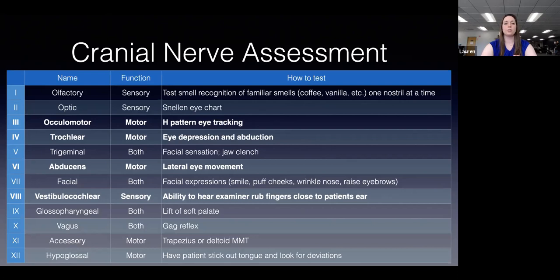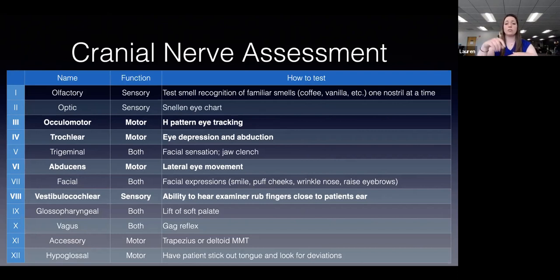If you have any cranial nerve abnormalities, that's going to make that visual component that much harder if you can't move the eyes properly. So even just doing an H pattern will cover all 3 of those.